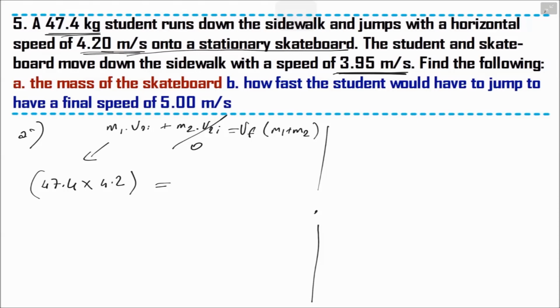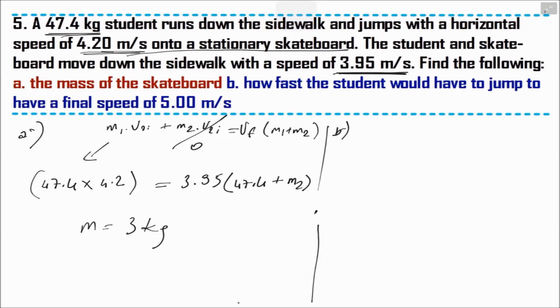And v final is given, 3.95, times m1 again 47.4 plus m2, that is the mass of the skateboard. If we divide both sides by 3.95 and send it to the other side, m2 will be 3 kilogram.